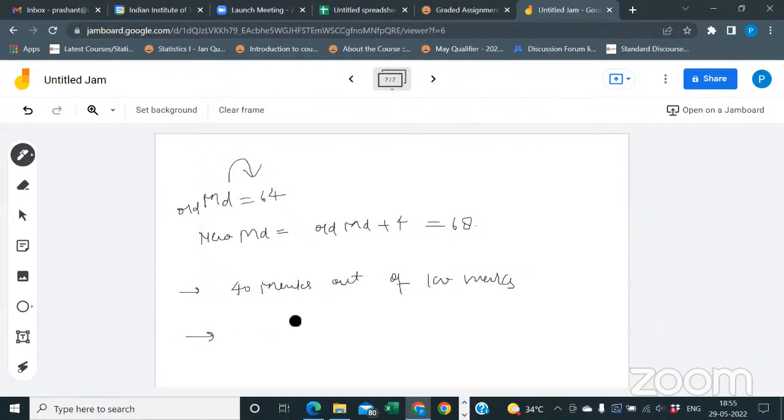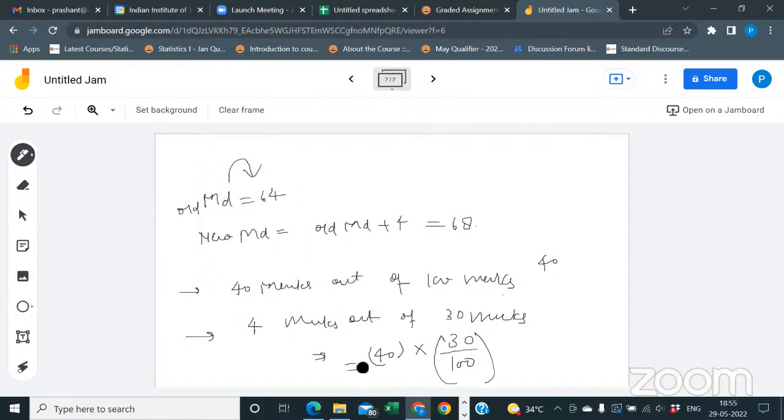Then can I say I get 4 marks out of 10 marks? Can I say or not? Initially you had 40 marks out of 100. Now this 40 marks I have to convert into 10 points. Then can I do this or not?